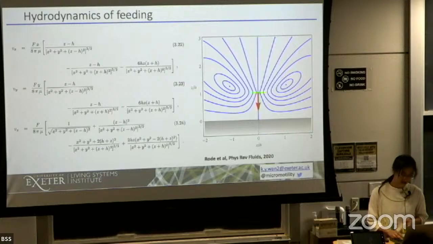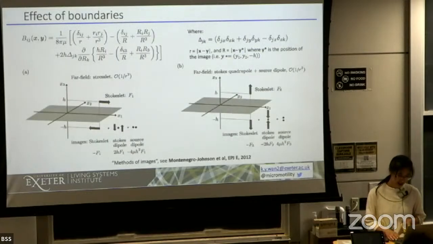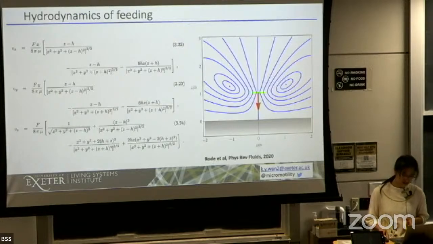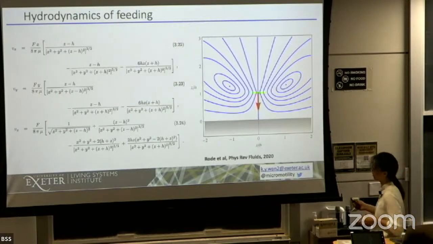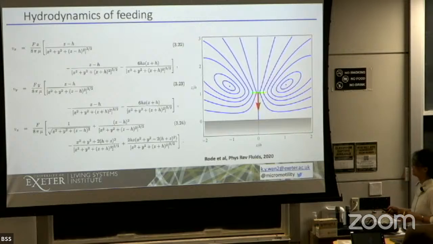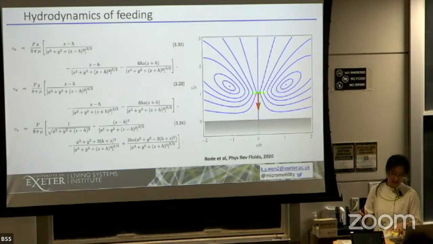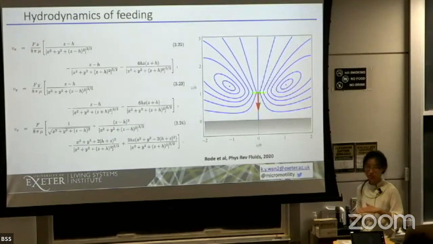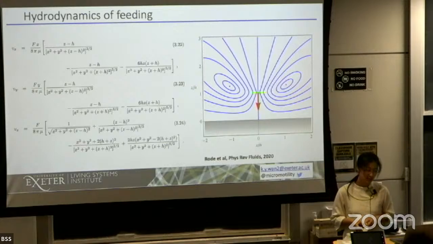If you wanted to really expand all of these terms, I'm not sure if you want to do that, but in this slightly simplified case you have the original Stokeslet positioned in a three-dimensional environment, at the origin in the plane, but at some height, let's say h, from the surface, the solid boundary.